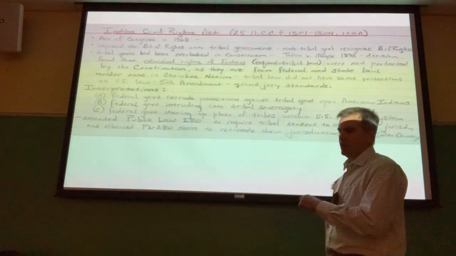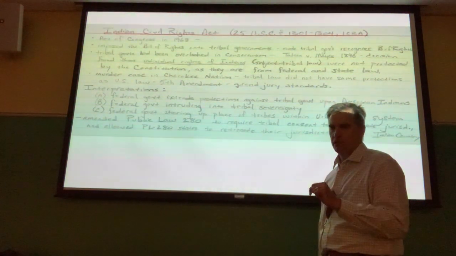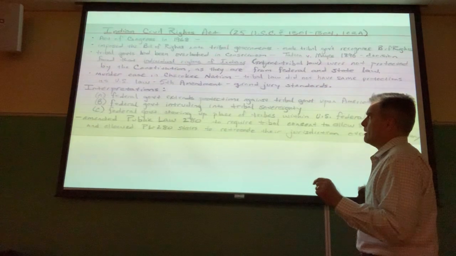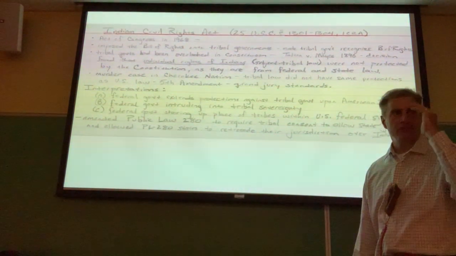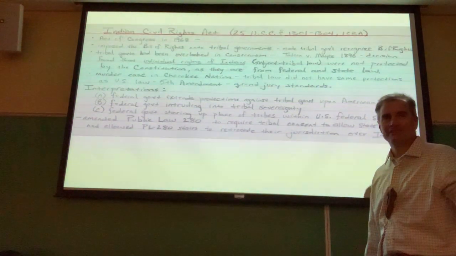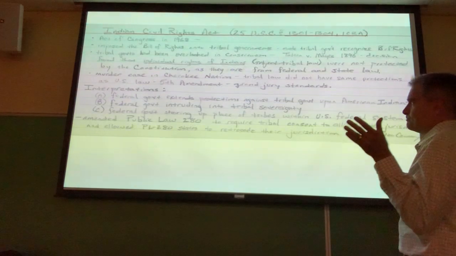And when Nixon would get into office, he would change Indian policy significantly. But the Indian Civil Rights Act was, what's it sound like? Well, it sounds like a good thing, doesn't it? This is what it is, though.